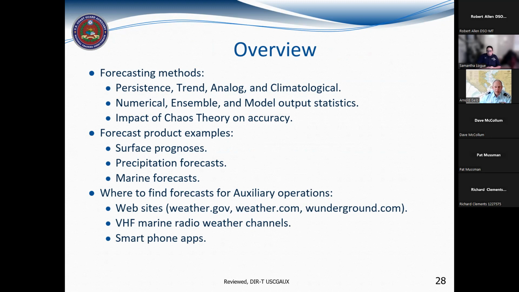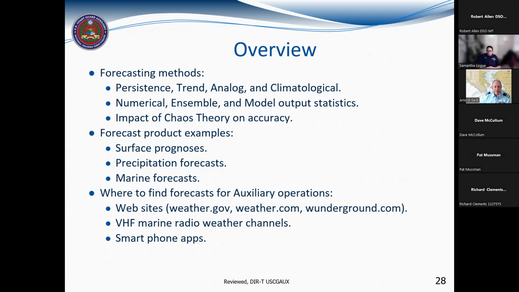Note that, as we'll talk about, analog is short for what used to be called analogy or pattern, not exactly like analog versus digital. Then there's numerical, ensemble, and model output statistics.